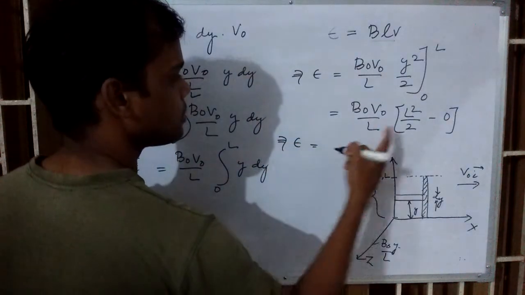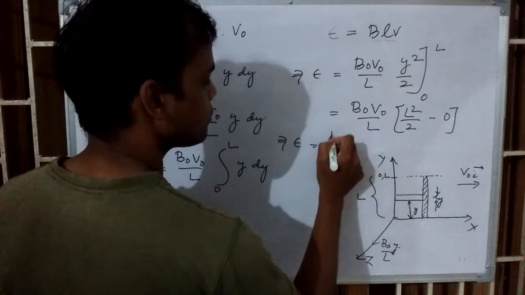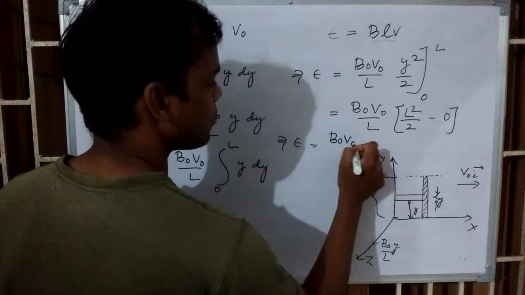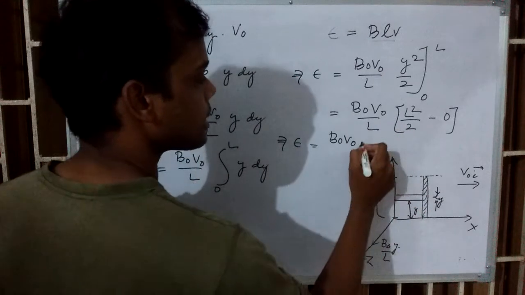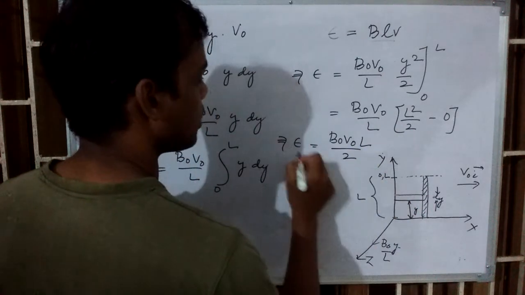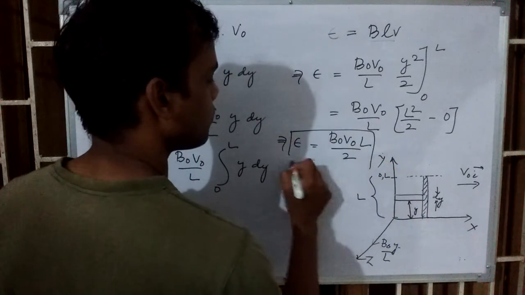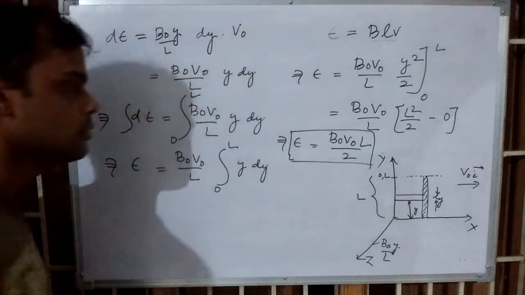This implies epsilon is equal to B naught v naught L square by 2L. Here L will get cancelled, so epsilon is B naught v naught L by 2. This is the final answer.